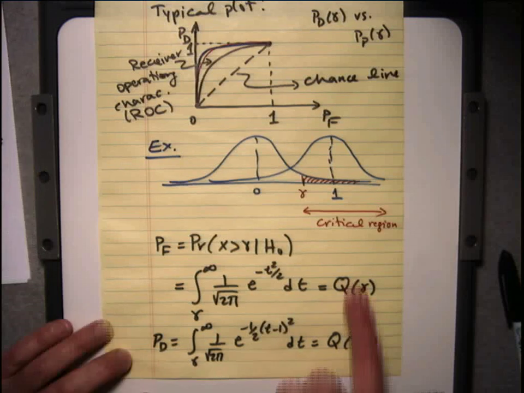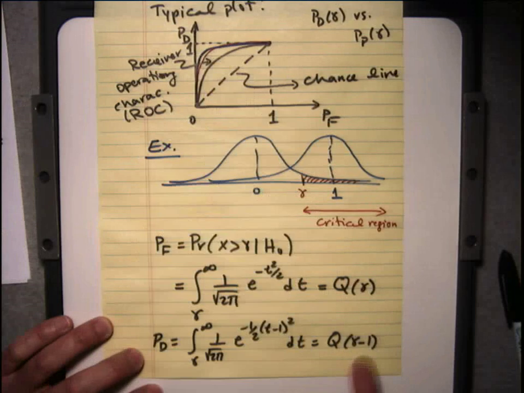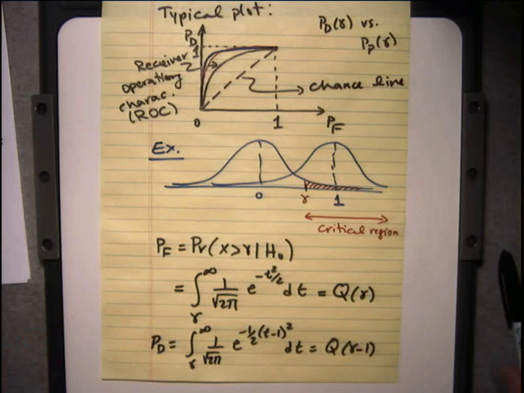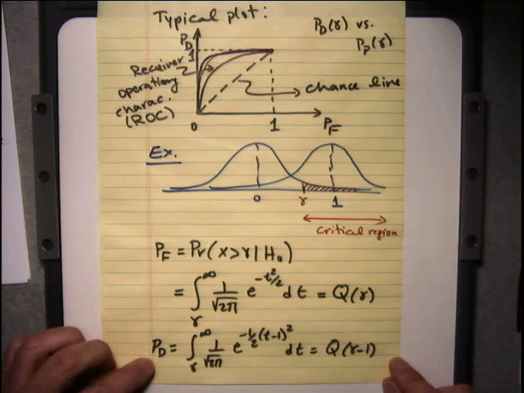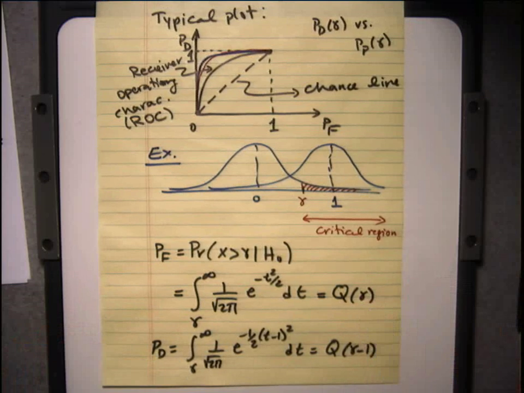And what you will get is a function that looks like this, depending on what value of gamma you pick. All right, so while we're at it, let's make a quick observation. Since this is a false alarm and this is the PD, what would happen if gamma is set to minus infinity?